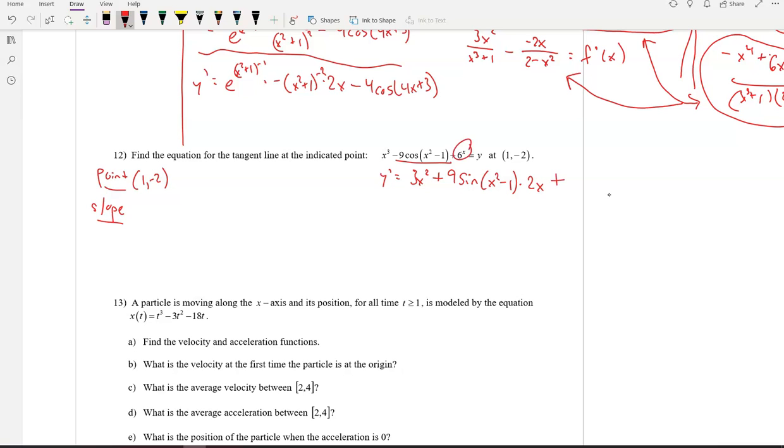Plus, and then 6 to the x. The derivative of 6 to the x, that's that new derivative rule that showed up yesterday, is 6 to the x times natural log of 6. I'm not going to lie, it's going to be rare that you'll need this derivative rule.